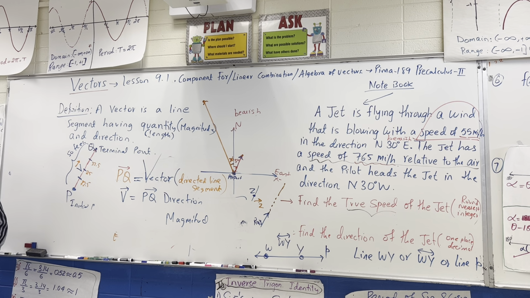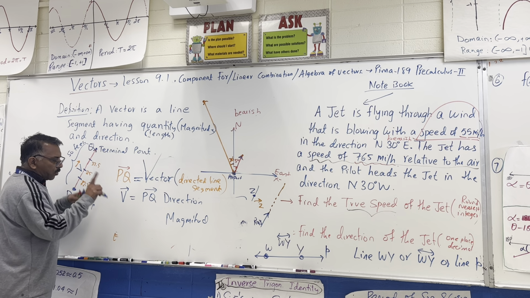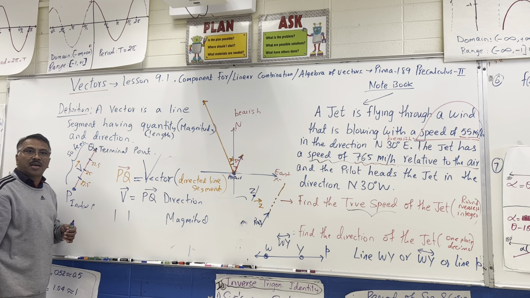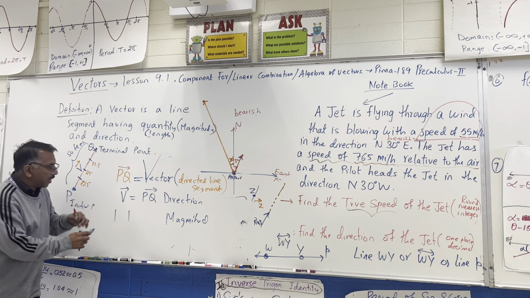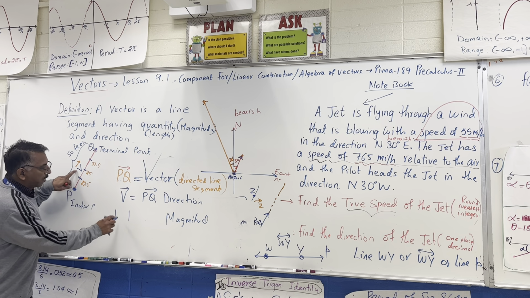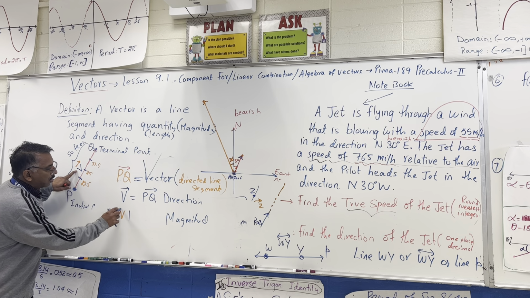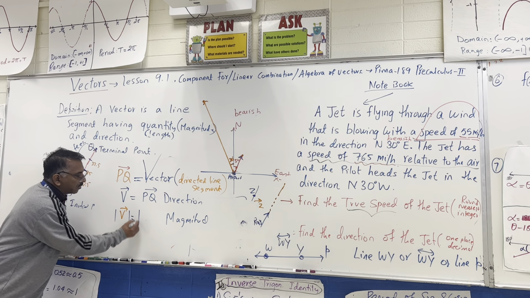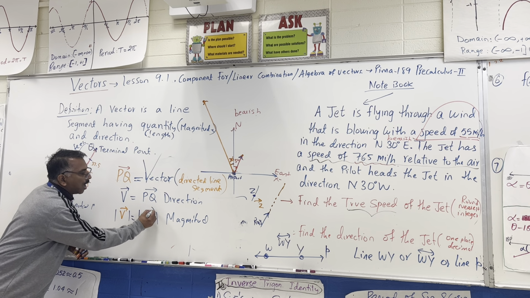So the mathematician said, how do we represent magnitude? What they did is put 2 bars. It's like an absolute value, just put 2 lines, can you see that? And whatever vector you have here, this v, put v between them. And this is another way to write it, with p. So what did we learn here?